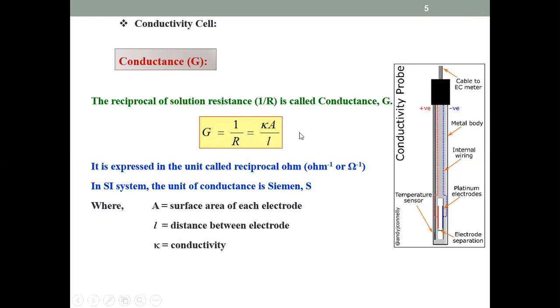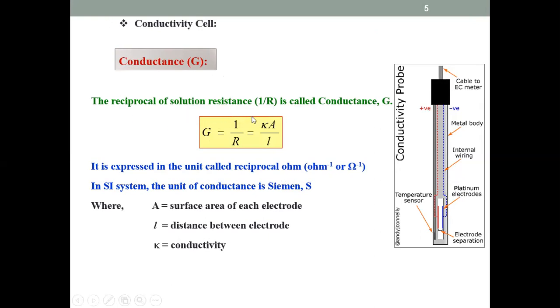Let's discuss that. We all know the relation R equals rho L by A, where R is resistance, rho is resistivity, L is the length of the metallic conductor, and A is the cross-sectional area. What is conductance?